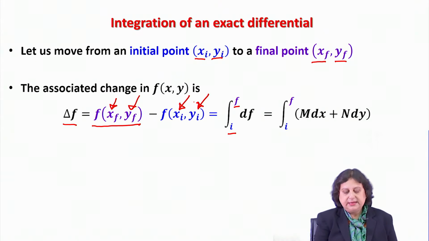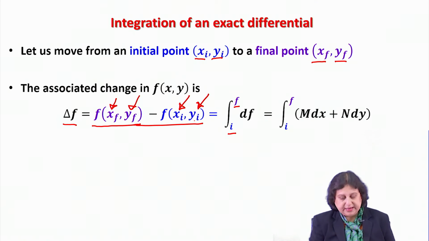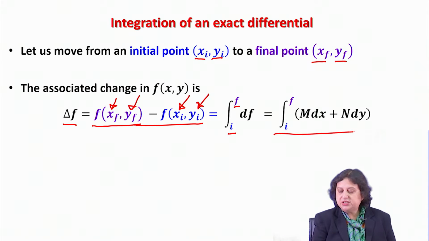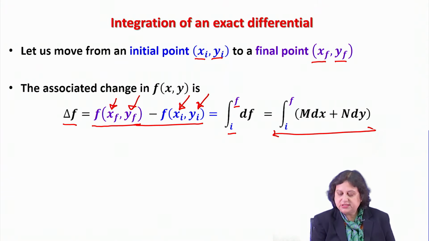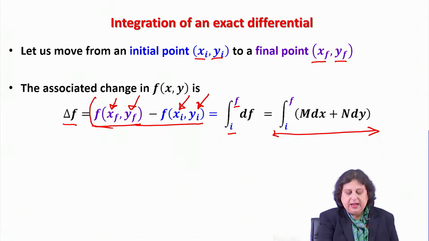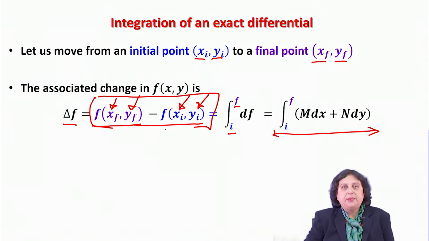Now I find that this difference between the new and the old values of f at the final and the initial points is equal to the integration over m dx plus n dy as the system goes from i to f. As you see, the result of this integration is this. And this result does not depend on the path that we have taken in moving from the point xi, yi to xf, yf.